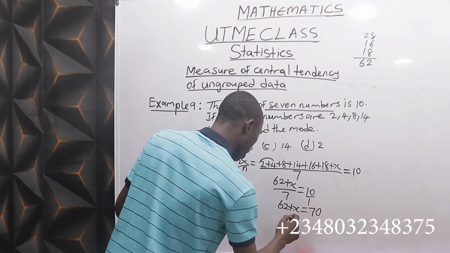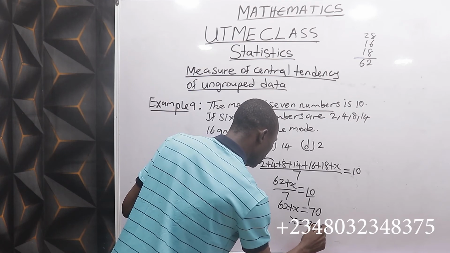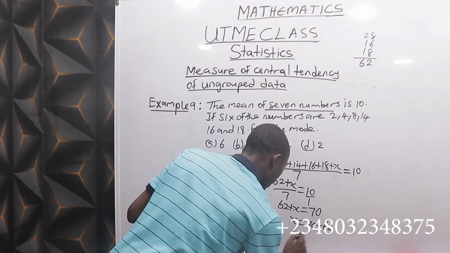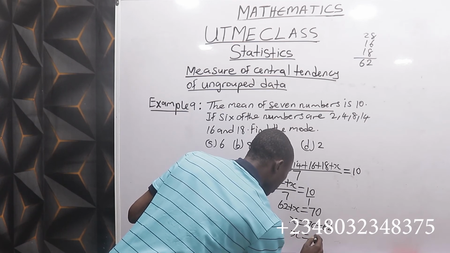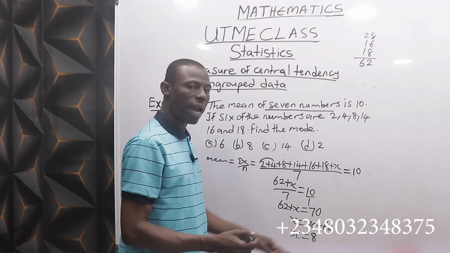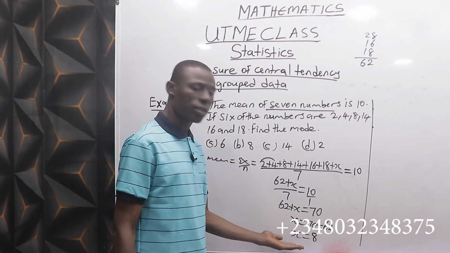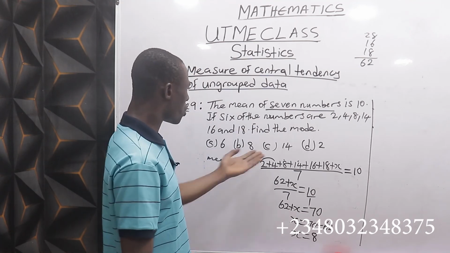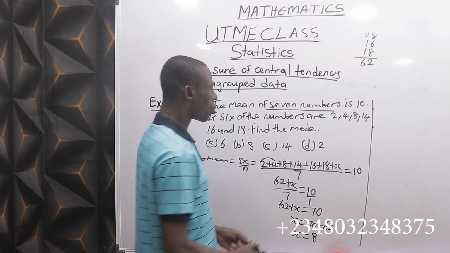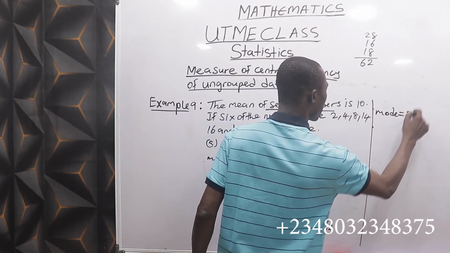So x equals 70 minus 62, x equals 8. Having gotten x, which is the 7th number, and it is 8, we can now conclude that the mode equals 8.